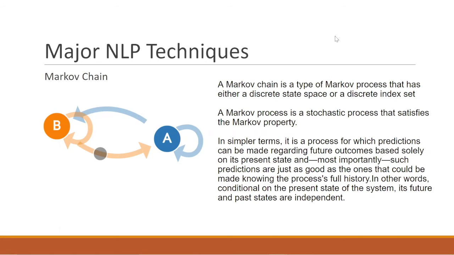In simpler terms, it is a process for which predictions can be made regarding future outcomes based solely on its present state, and most importantly, such predictions are just as good as the ones that could be made knowing the process's full history. In other words, conditional on the present state of the system, its future and past states are independent.